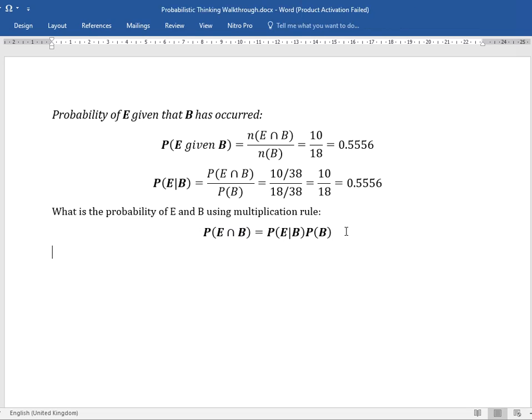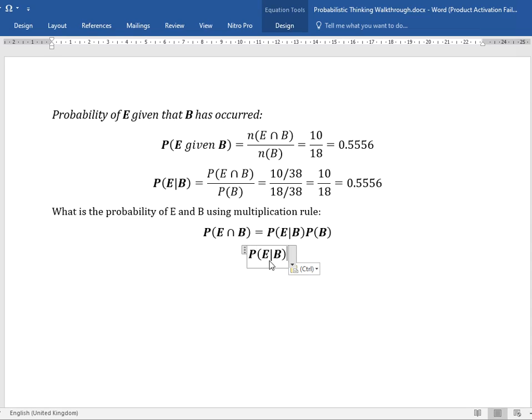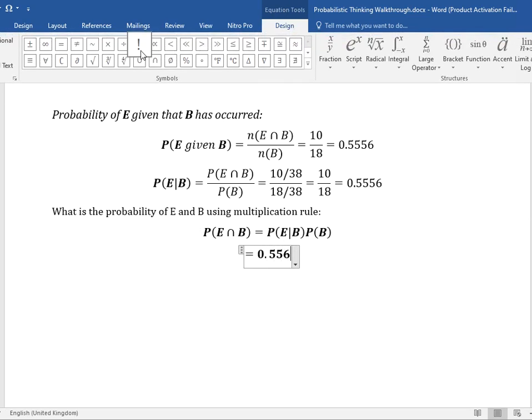So what are we going to be doing here? The probability of E given B is 0.5556. Then we're going to multiply that by the probability of B. And what's probability of B?